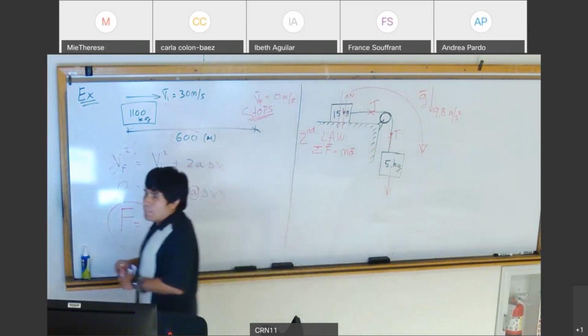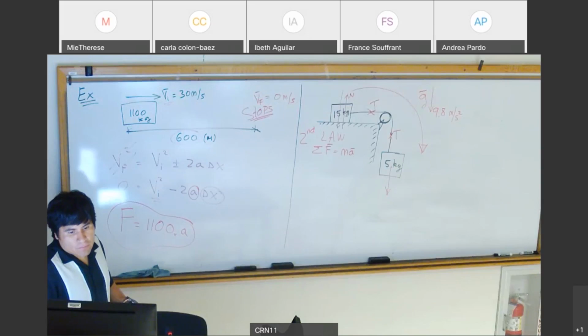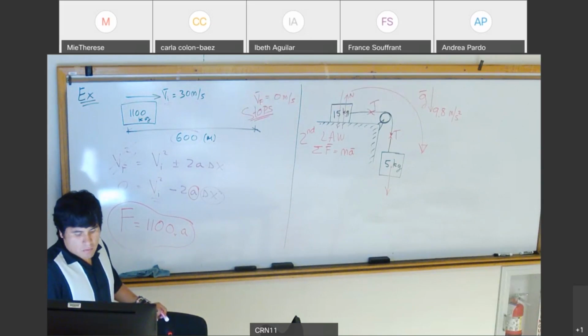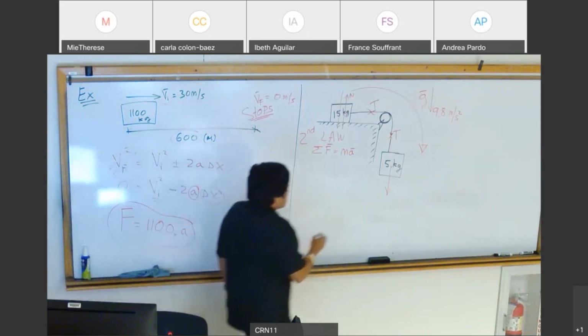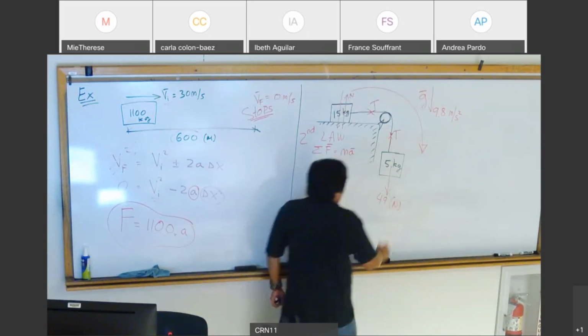Now, we can find the value of the weights, mg. If you go to the calculator, 5 times 9.8 is 49. This is 49 newtons.